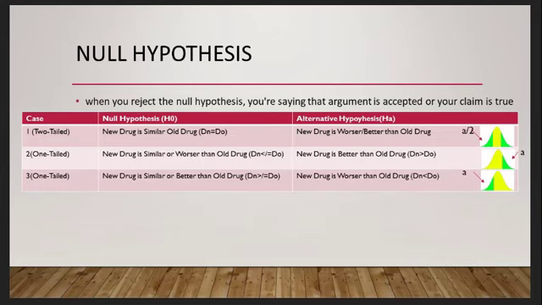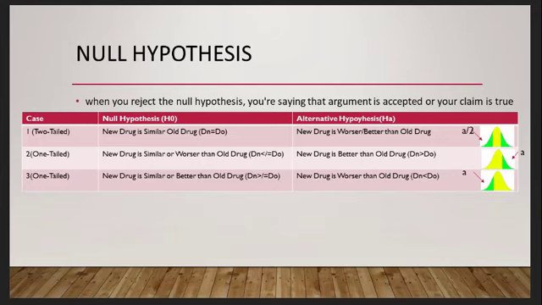If you accept the null hypothesis, you are in a way saying that the alternative hypothesis is rejected or is false. When you reject the null hypothesis, you are saying that your argument is accepted or your claim is true. So that's how you have to interpret the null and alternative hypothesis.